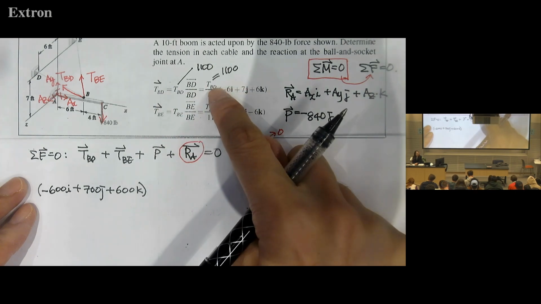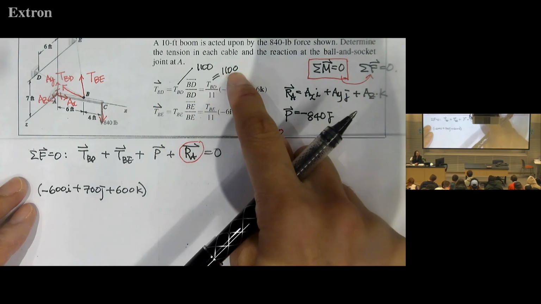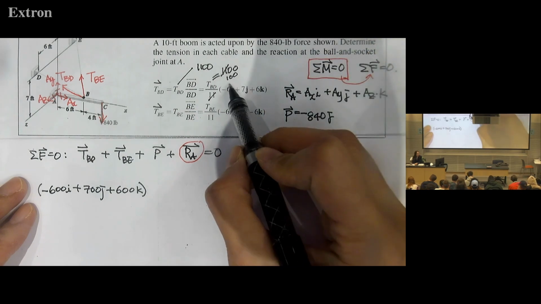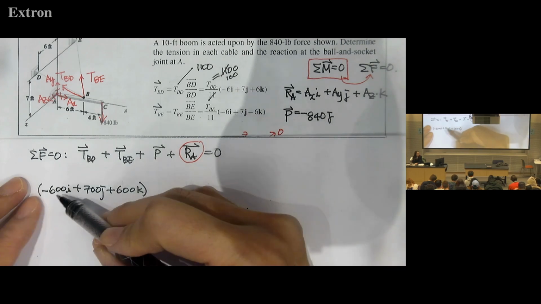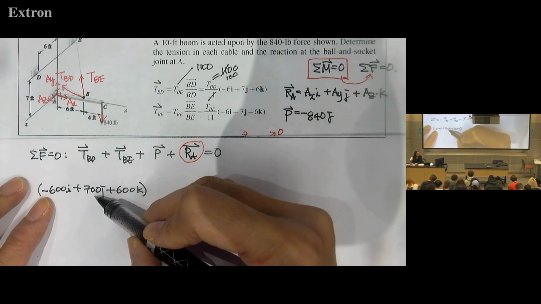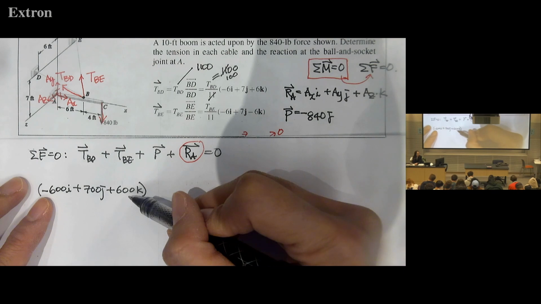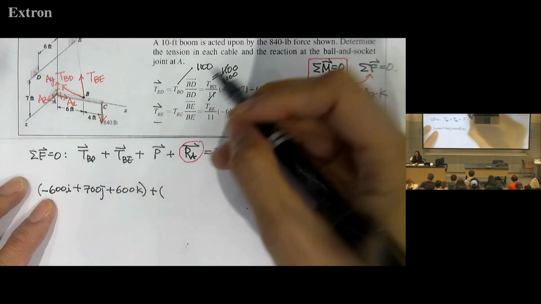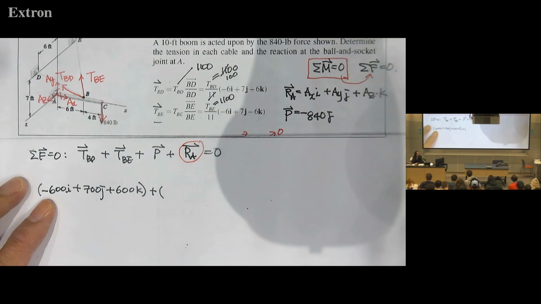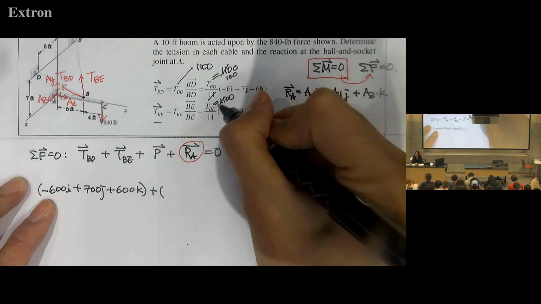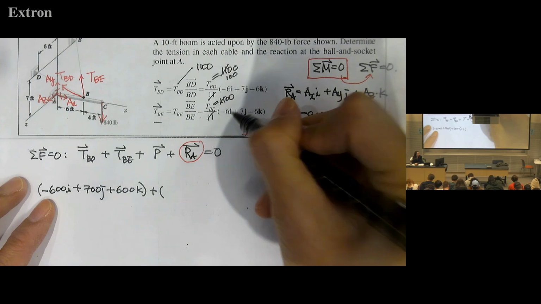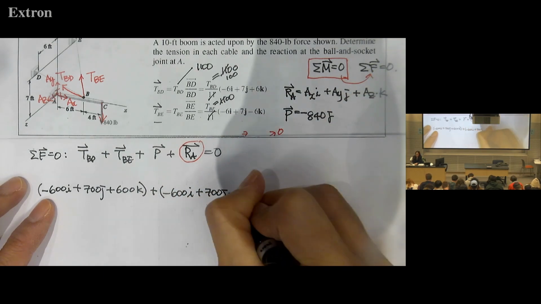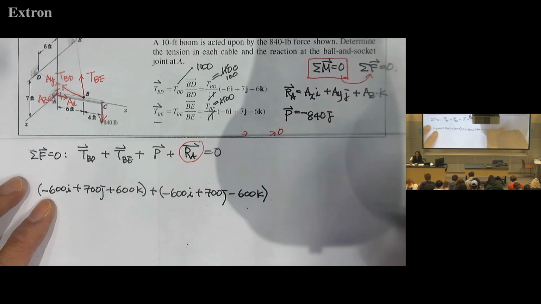If the magnitude is 1100, then this 11 is canceled and we have 100. And then multiply 100 times minus 6, 100 times 7, 100 times 6 here. Okay, and then the second factor, this is also 1100, right? So we are multiplying 100, so minus 600i plus 700j minus 600k.